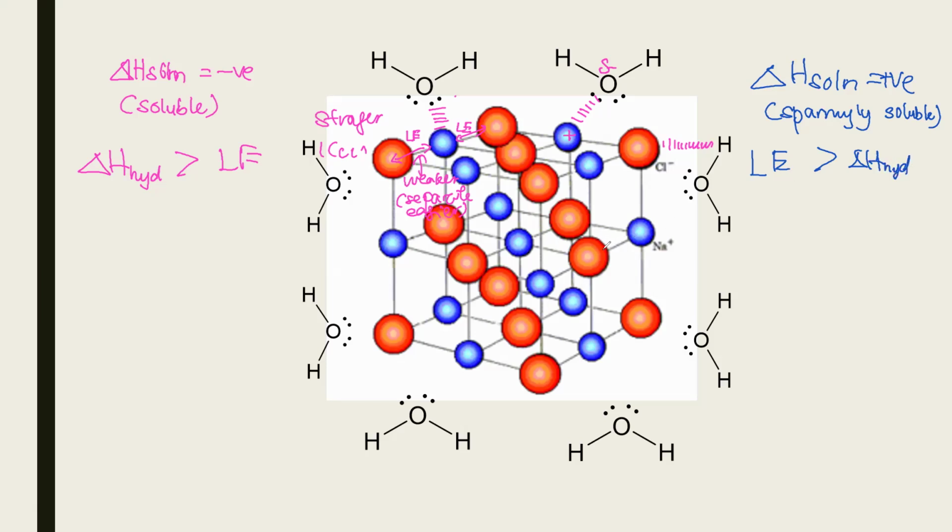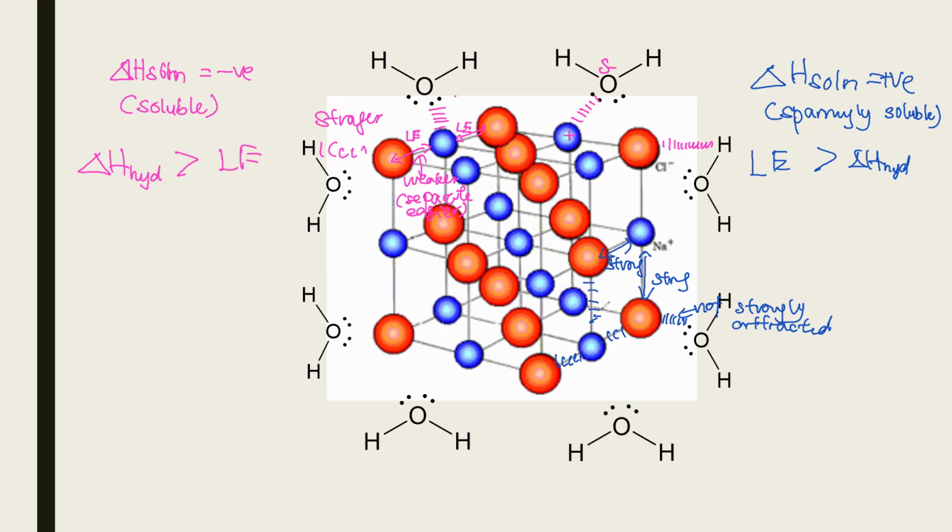Technically, if your electrostatic attraction forces are strong, even if the water is attracted to it, it is not strongly attracted. So when it is not strongly attracted, it will remain as the strong intermolecular forces. That is why you see a precipitate. It does not dissolve inside water in here.